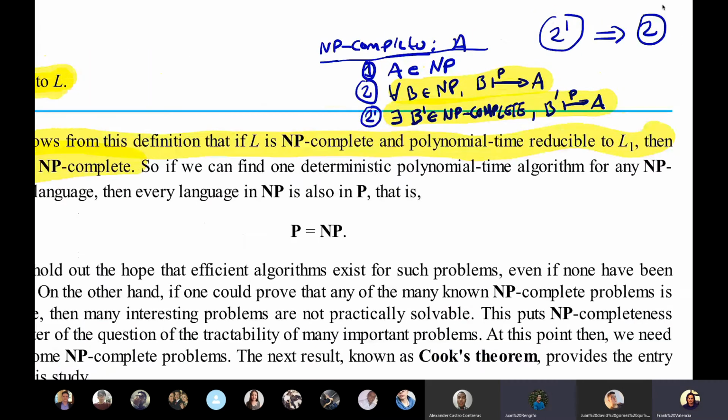For example, 3-SAT, sorry. I'm going to erase this part here.